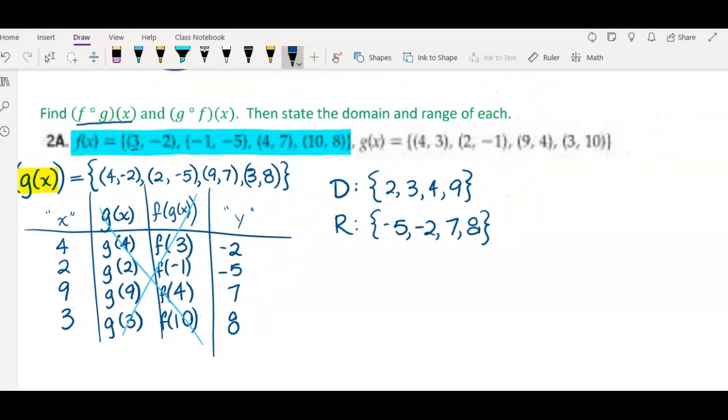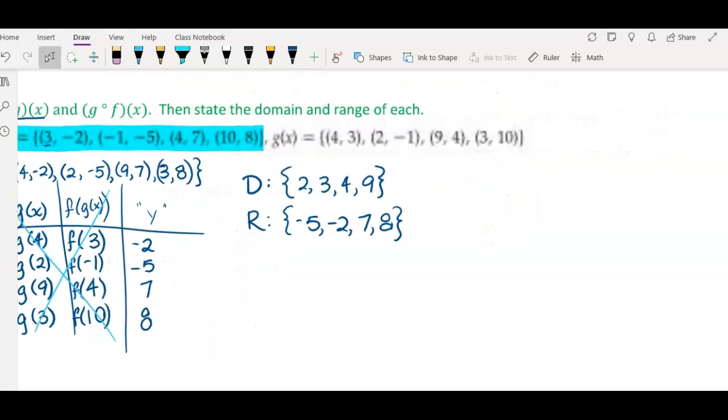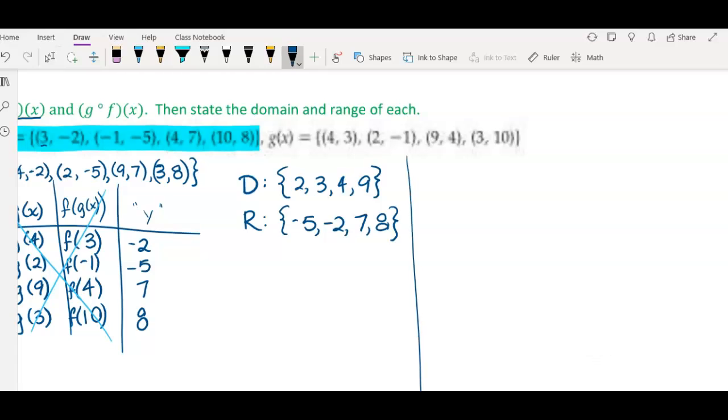Let's also figure out g of f of x. We'll do that next. So we went the first direction. G of f of x is next. And if you recall, notation-wise, that just means f is the function on the inside.